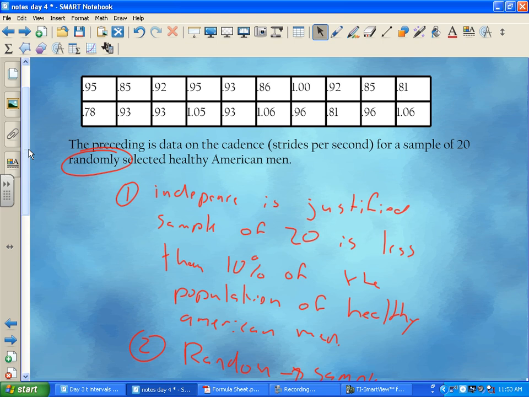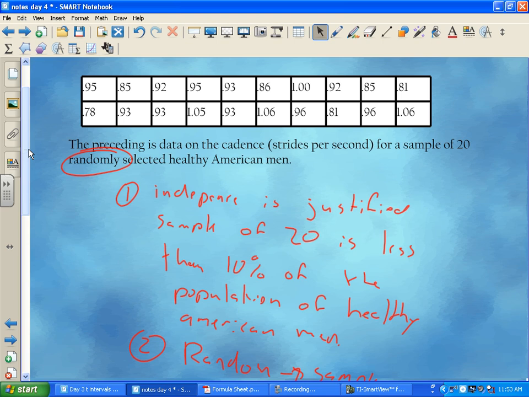How can we check to see if this sample is normally distributed? Put it in your calculator. How would you check to see if it's normally distributed in your calculator? Put it into list 1. Where's the list? Edit. Put it into list 1.